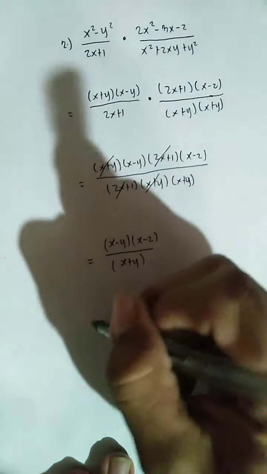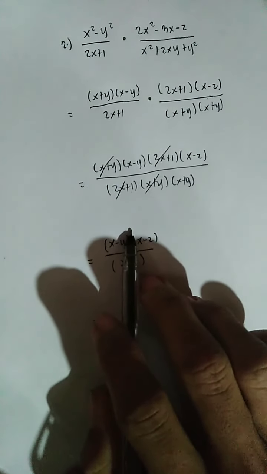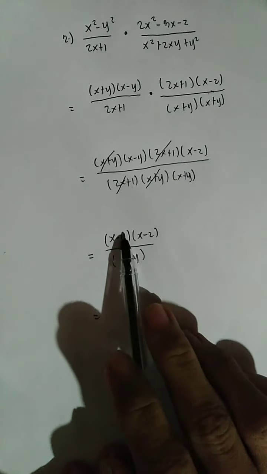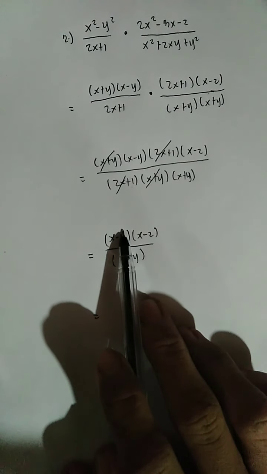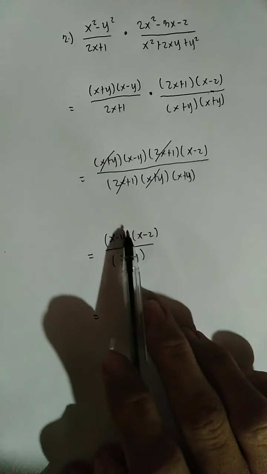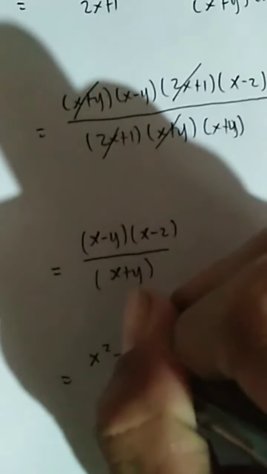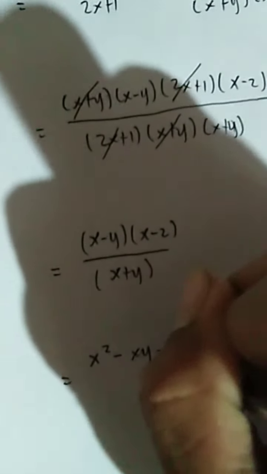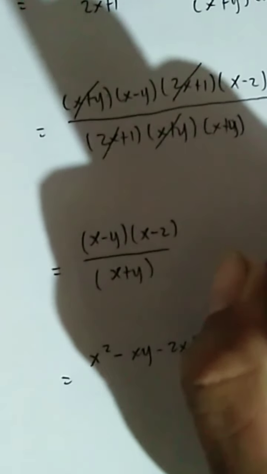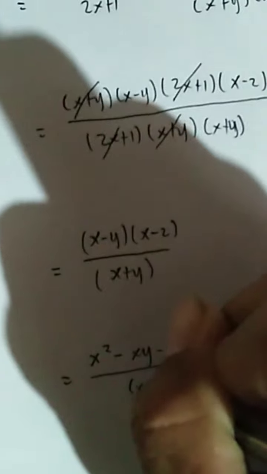Or you can multiply the numerator and express it as a trinomial. So you can have x squared minus xy minus 2x plus 2y, all over x plus y.